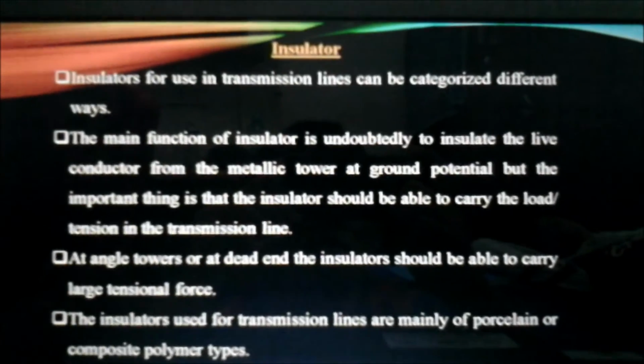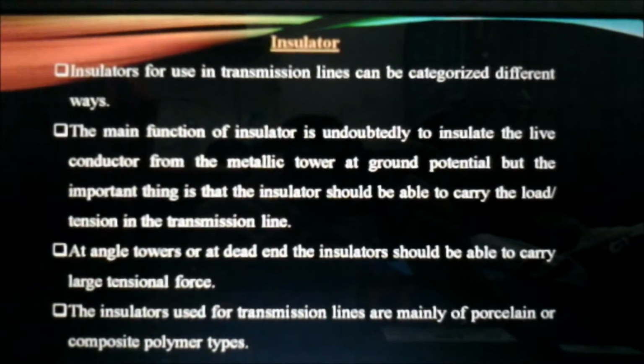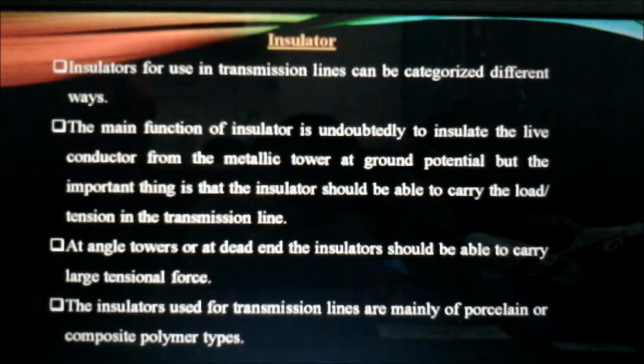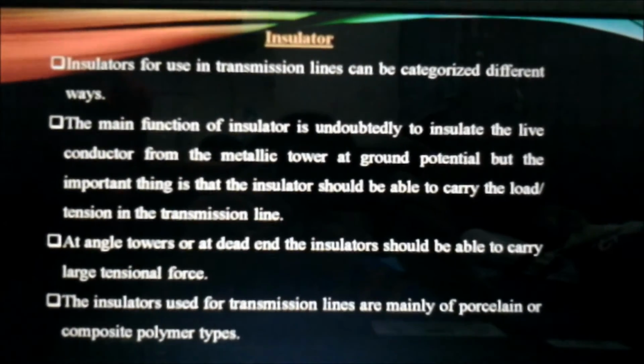Okay, our first topic today is to identify the function of the insulator in a transmission line. The insulator can be categorized in different ways.